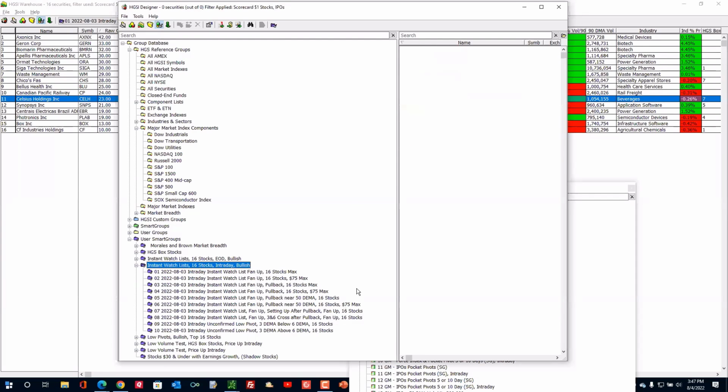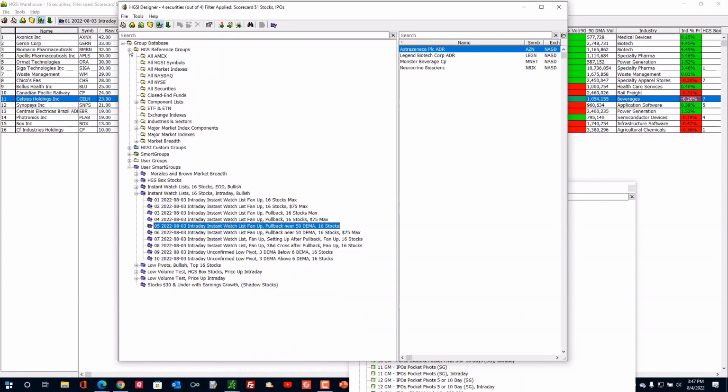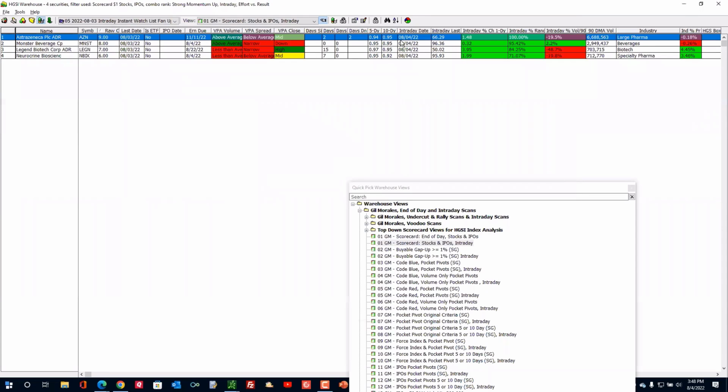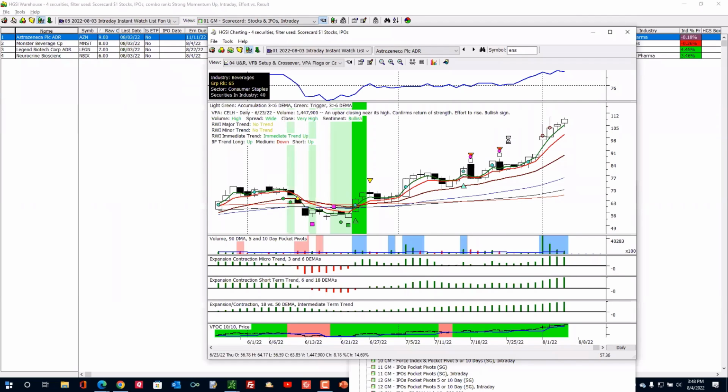Instant watch list, there's a whole variety of things here. These are pullback stocks. Let me close some of these down so I can see this better. Okay. Intraday, these pulled back. Let's click through, and they're up today.